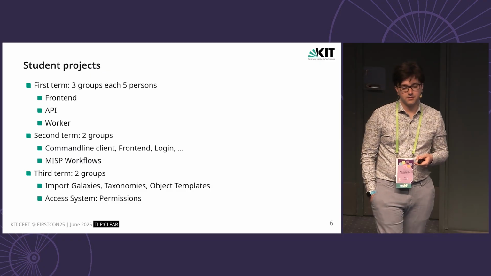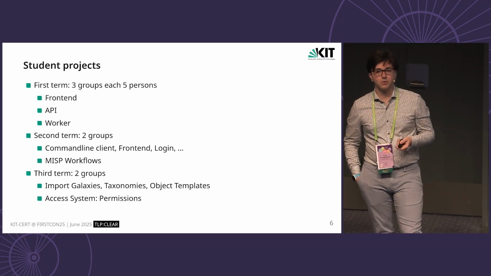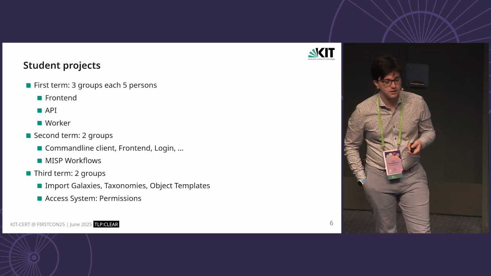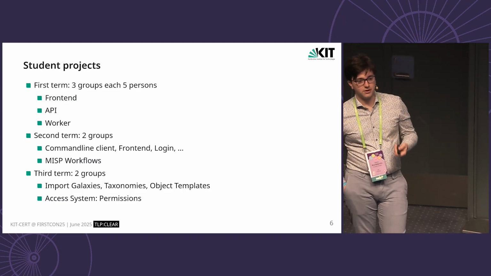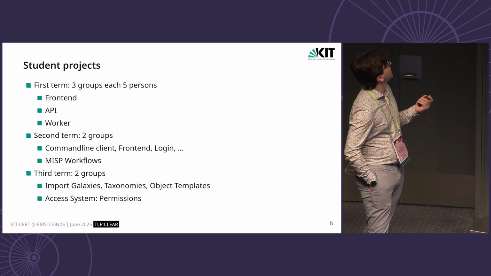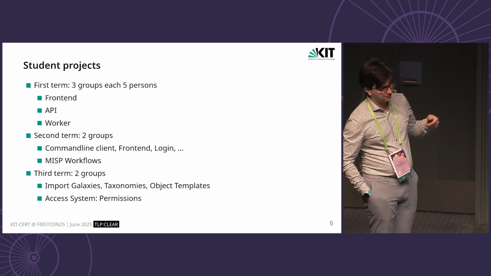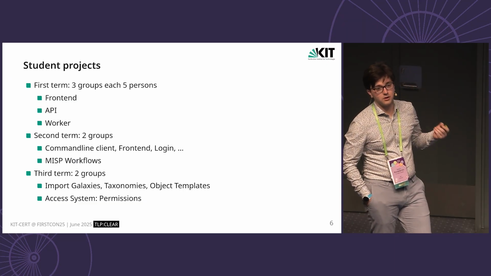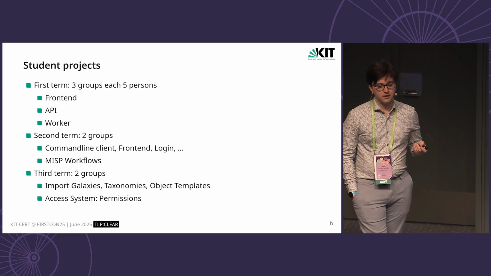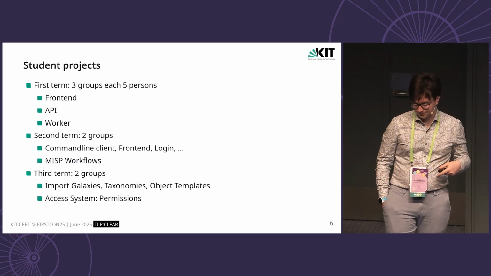In the first semester, we again had 2 groups, and we focused on what we needed to set up a Modern MISP on its own. You may know that when you install MISP, it first fetches Galaxies, taxonomies, and object templates from GitHub and saves them in a database.